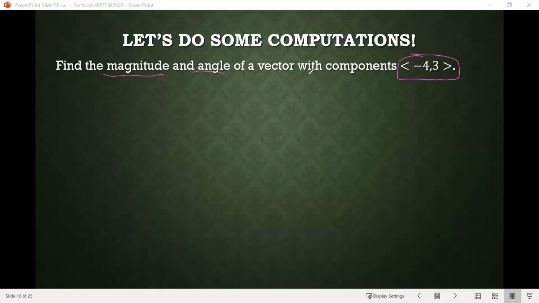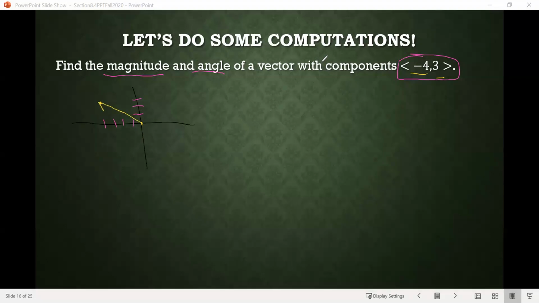So this time I'm going to work backwards. I'm actually going to draw my picture first. We're told that the x and y components are -4 and 3, which means that if we place the initial point of our vector at the origin, we're going to go 4 units to the left since our x component is negative, and then up 3 units since our y component is positive, which gives us a terminal point here.